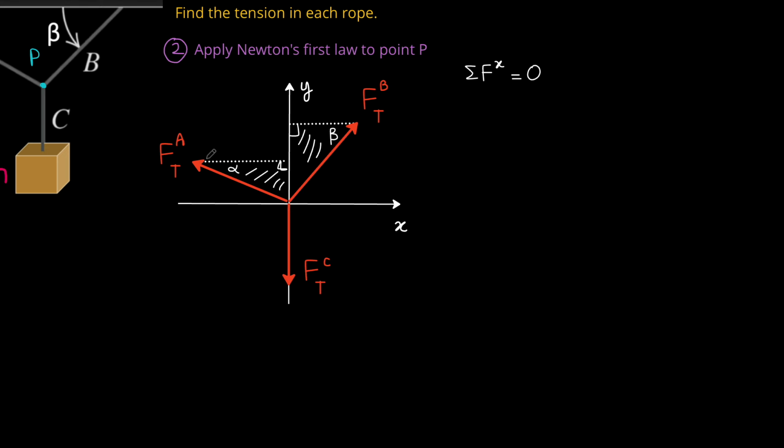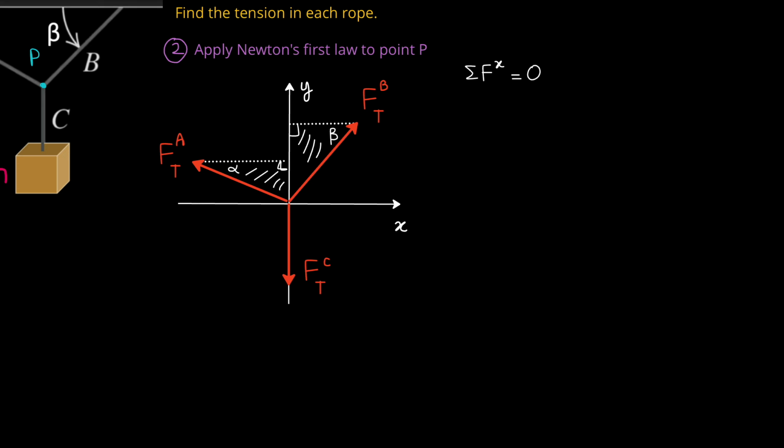And again, this segment is adjacent to my angle alpha, so that'll be a cosine alpha. So the x component of the tension force from rope A is equal to the magnitude of that force, FTA, times cosine alpha. Is this one positive or negative? The force is pointing towards the upper left corner, and left is negative, so this component will have a negative sign in our equation.